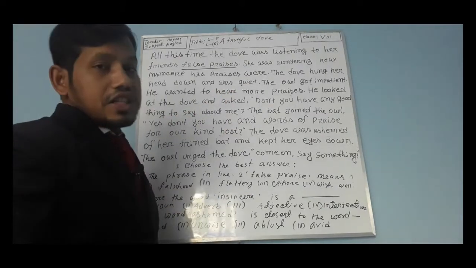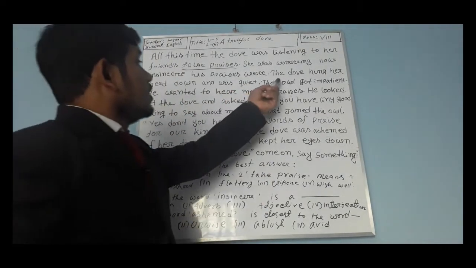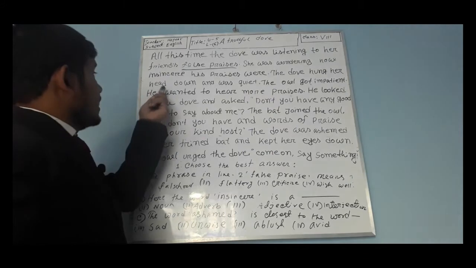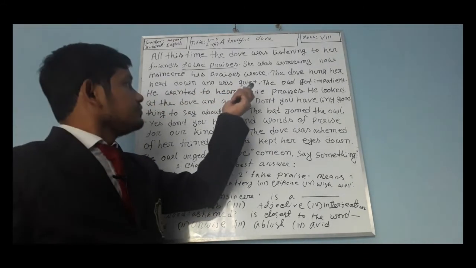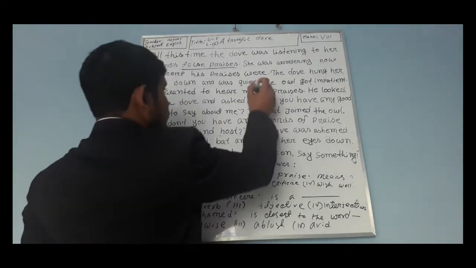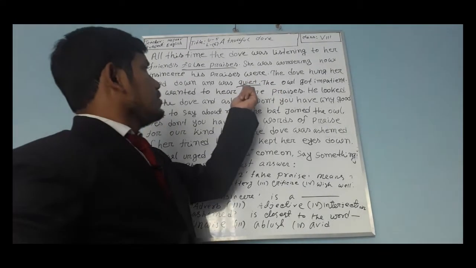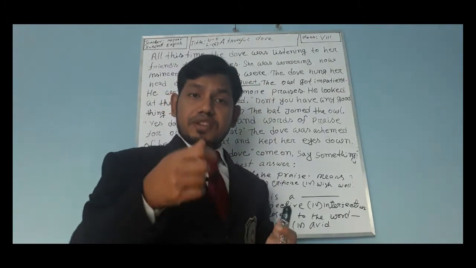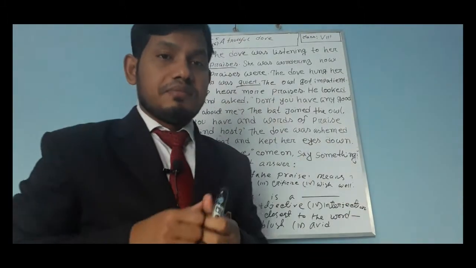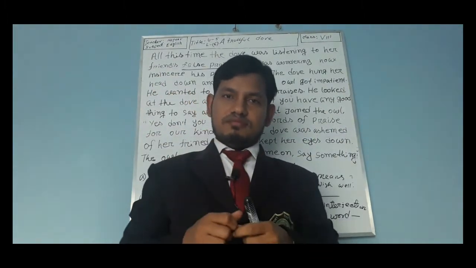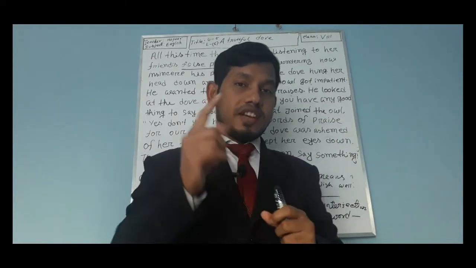This is an exclamatory sentence. The dove hung her head down and was quiet. Do you know what quiet means? My dear students, there are two words like this. One is Q-U-I-E-T, meaning very calm, a very peaceful environment.